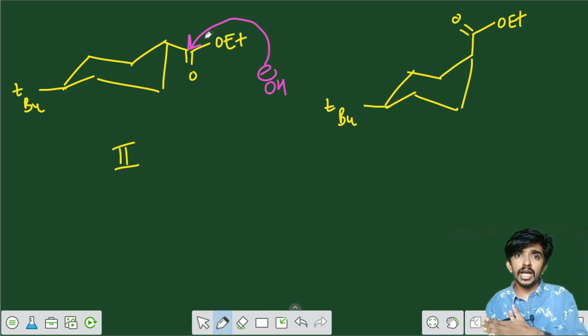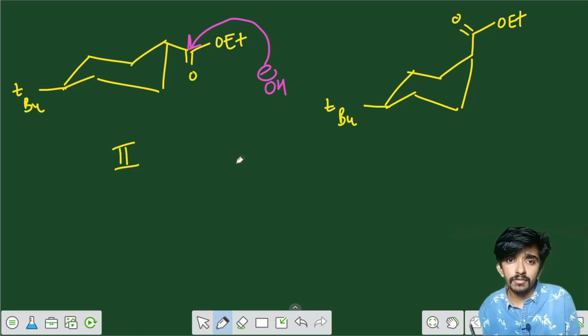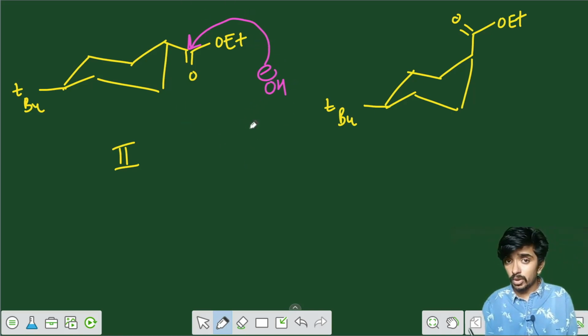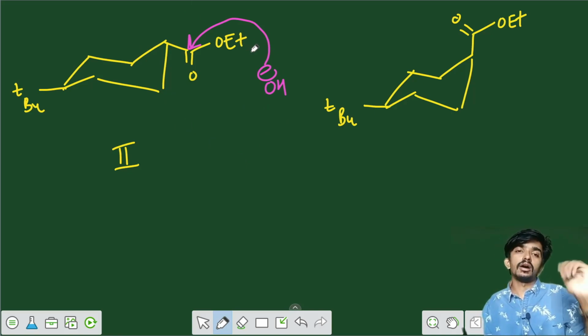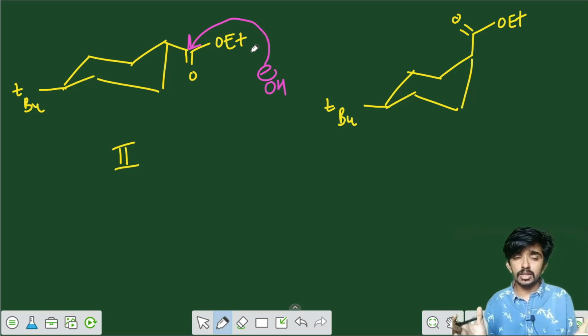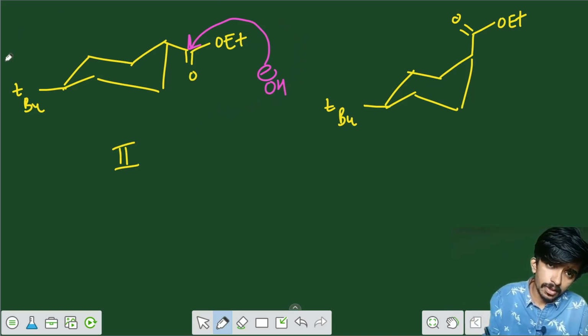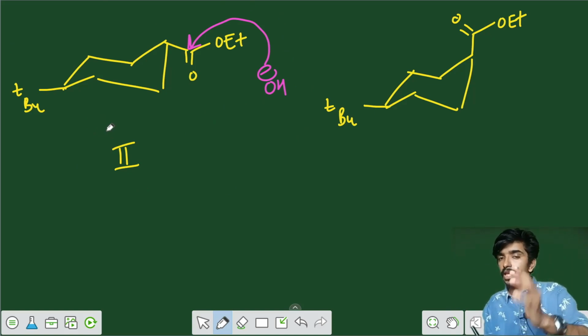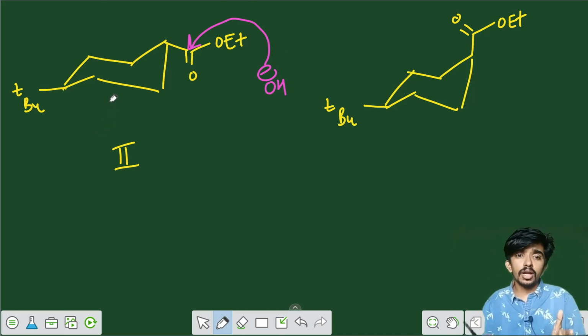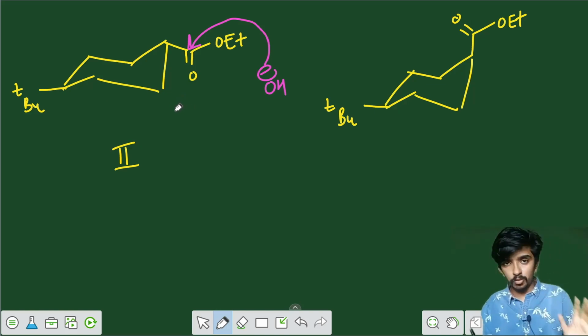There are some reactions like SN2 reaction, where if an axial or equatorial group is present and the nucleophile is attacking, it will come on the axial position. But here it's not the case. The substrate has the ester group in equatorial position, and the product will also be in the equatorial position.